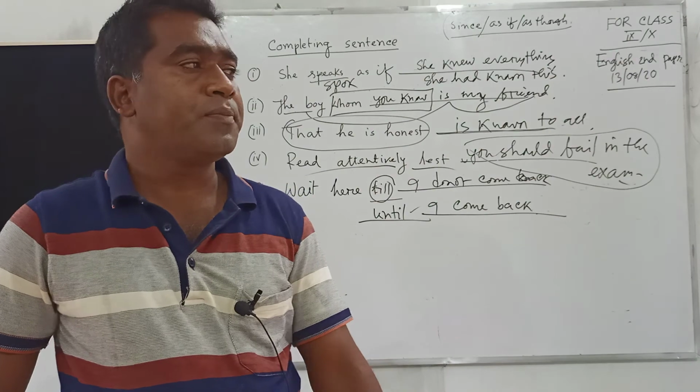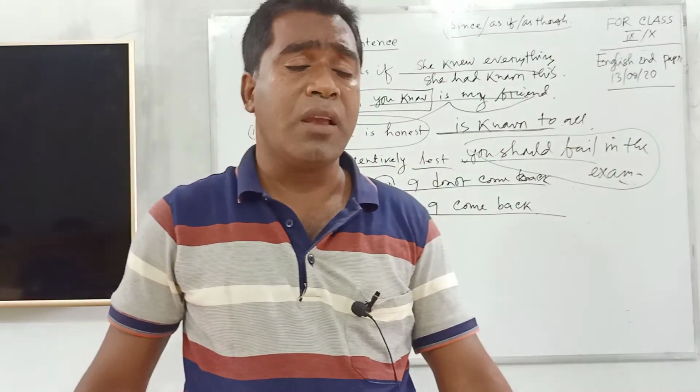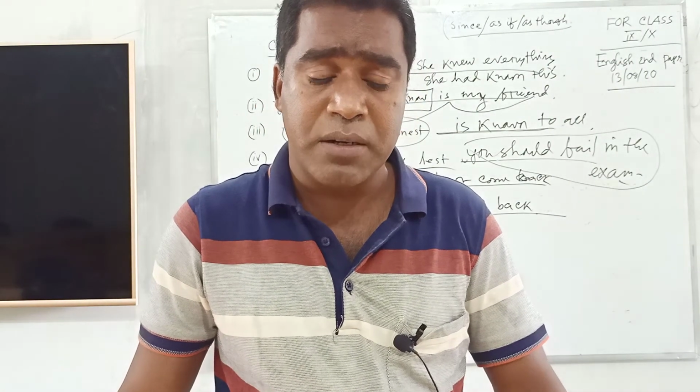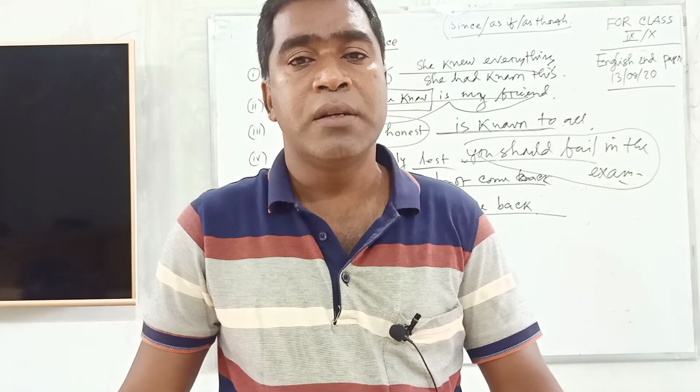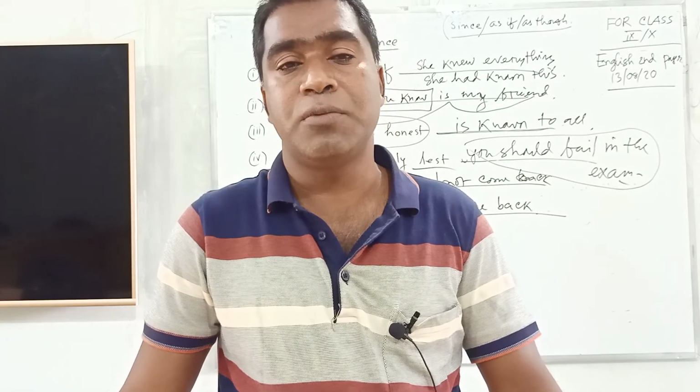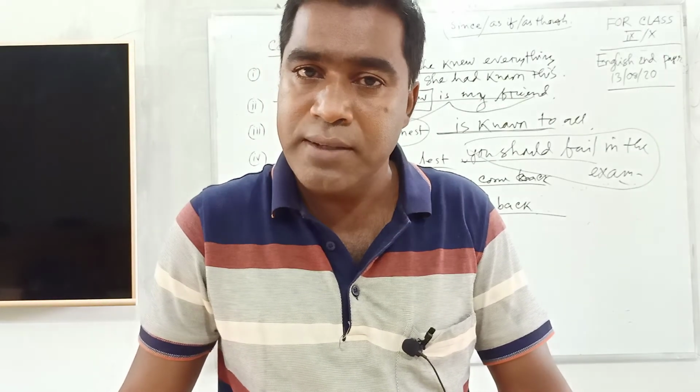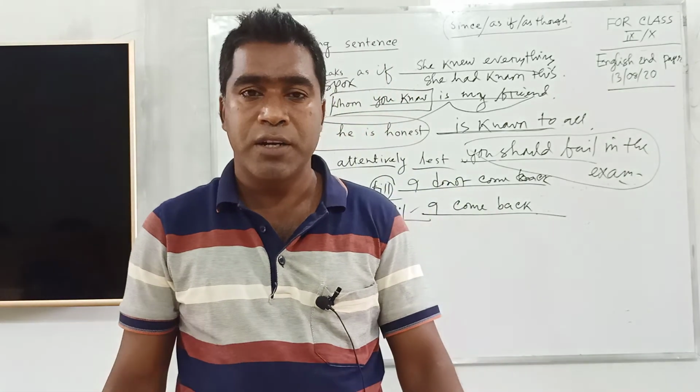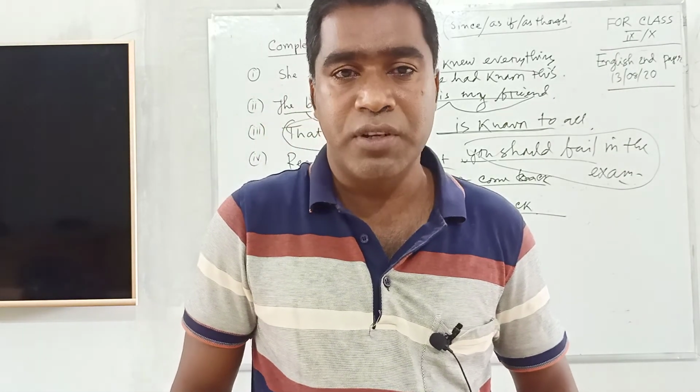And besides this, you must try to remember. What should you remember? The sentence must be meaningful, and you must not use any simple sentence. You must try to use the complex or compound sentence.